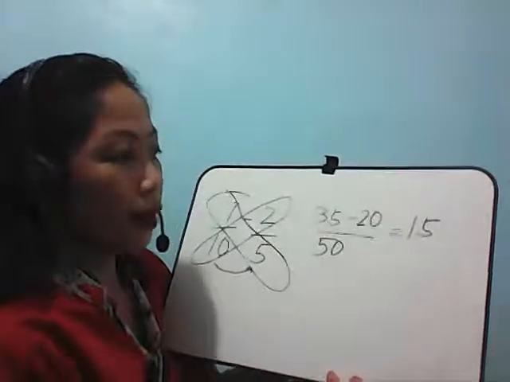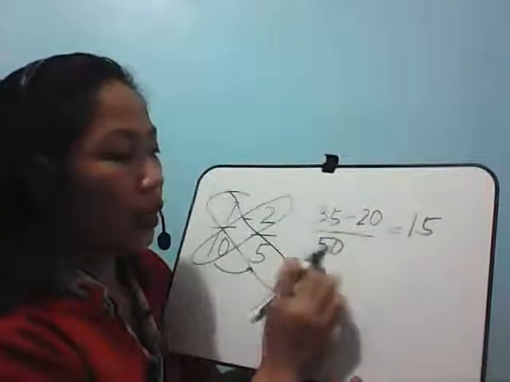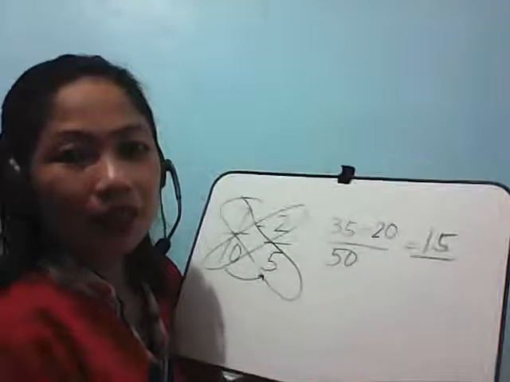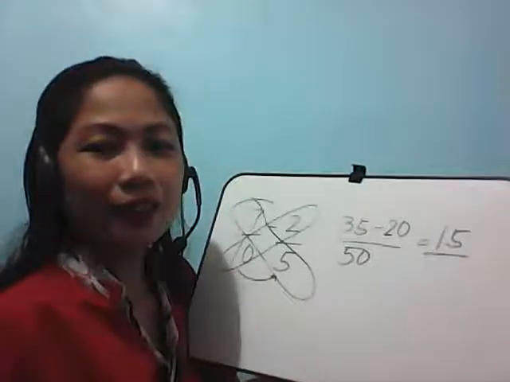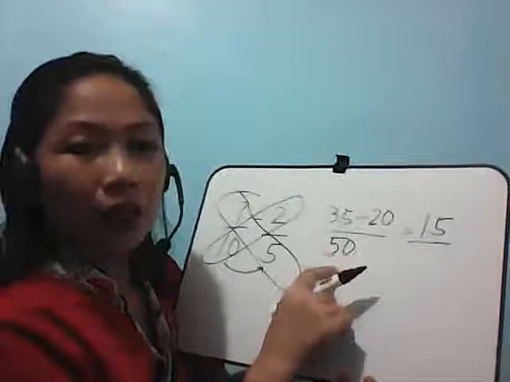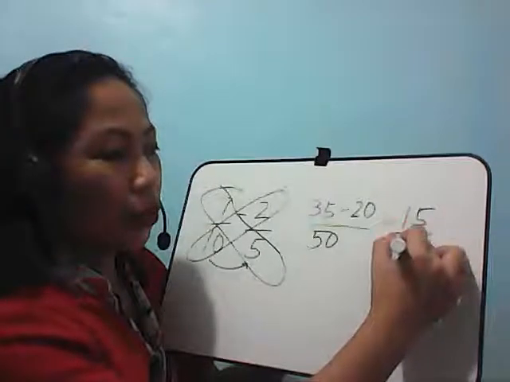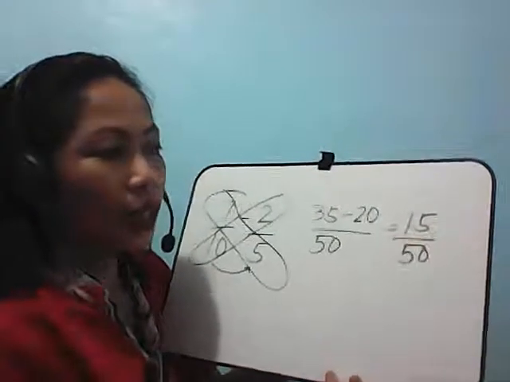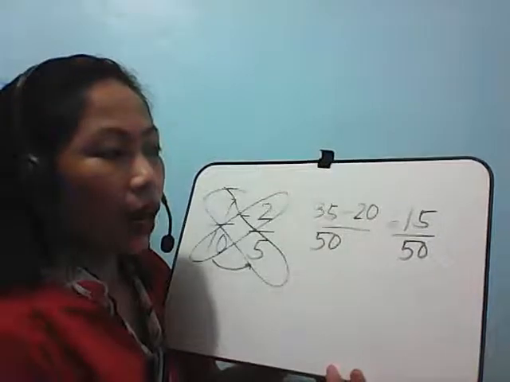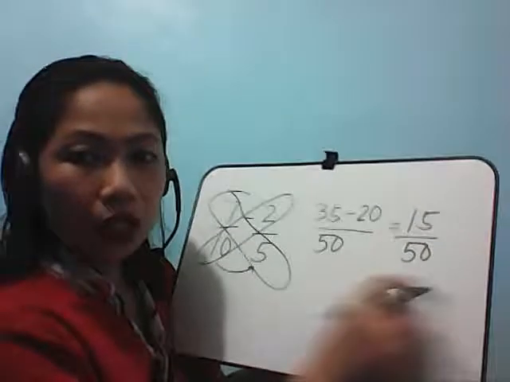You're correct, Ian. Then copy our denominator, which is 50. So, are we going to reduce this to the lowest term?